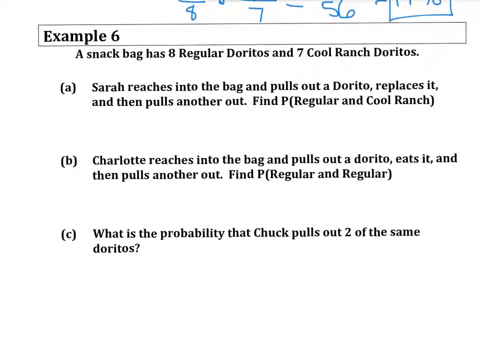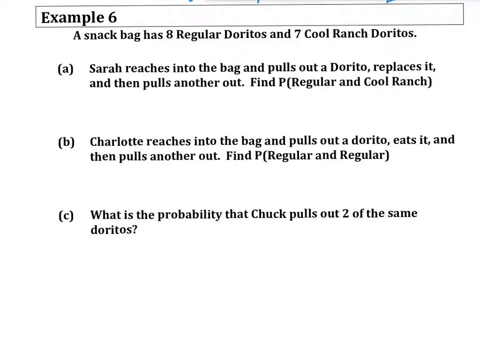Okay, next, a snack bag has 8 regular Doritos and 7 Cool Ranch Doritos. Sarah reaches into the bag and pulls out a Dorito, replaces it, and then pulls out another. So find the probability of her pulling out a regular and then a Cool Ranch. So we're assuming here these are obviously going to be independent. The main word that gives that away is that she replaces it.